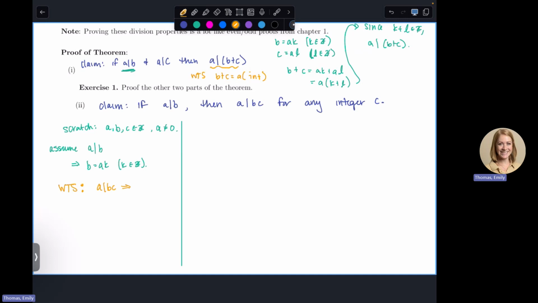And what does that actually mean? BC equals A times something. Specifically, that something is an integer. Yeah. All right, how are we going to get there?